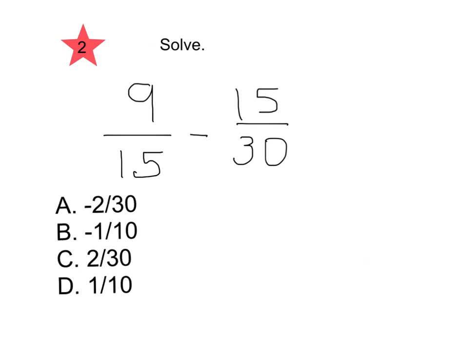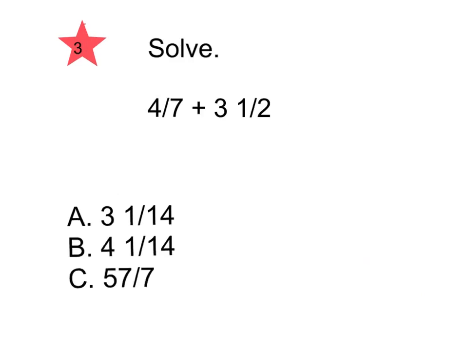A, -2/30, B, -1/10, C, 2/30, or D, 1/10. And question 3, solve 4/7 plus 3 and 1/2. A, 3 and 1/14, B, 4 and 1/14, or C, 57/7.